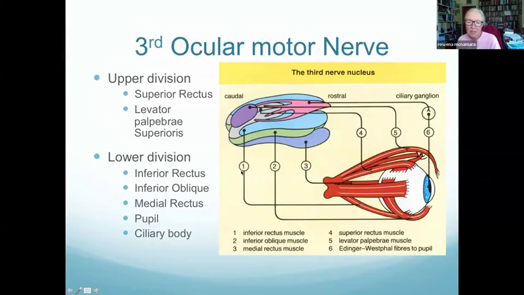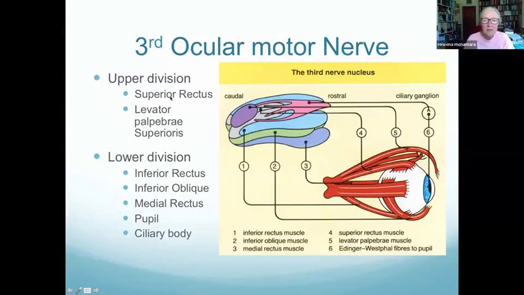So we've got them listed here, 1, 2, 3, 4, 5, 6. Number 1 innervates the inferior rectus, number 2 the inferior oblique, number 3 the medial rectus, number 4 the superior rectus, number 5 the levator, which goes to the lid, and number 6 the pupil reflex, which goes here to the sphincter pupillae.